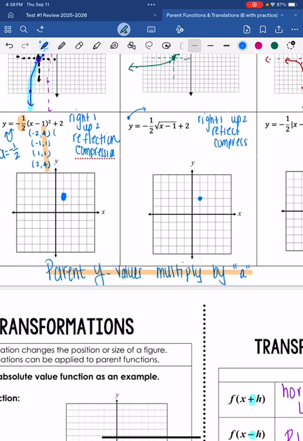This point is going to become -2, -2, because 4 times -1/2 is -2. -1, 1: the Y value is 1, and 1 times -1/2 is -1/2. The point 1, 1: X stays the same, Y is 1 times -1/2 is -1/2. 2, 4: 2 stays the same, Y value is 4, multiply it by A, which is -1/2, and you get -2.